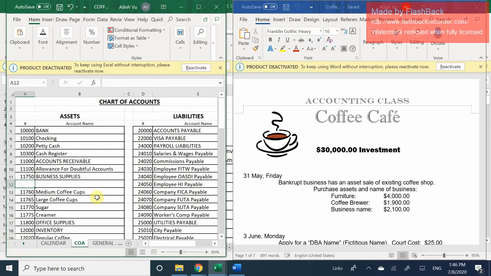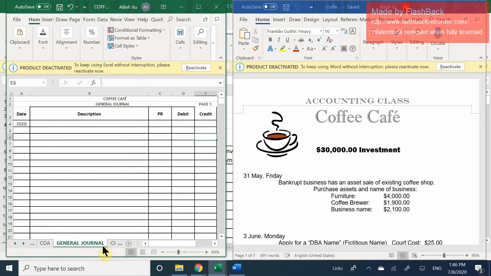So for right now, I'm the accountant, you're the bookkeeper. I'm telling you how to journalize everything, and you're going to refer to the chart of accounts. Like I said, one of the steps to record a transaction is to look at your chart of accounts and see if there's an existing account. Okay?